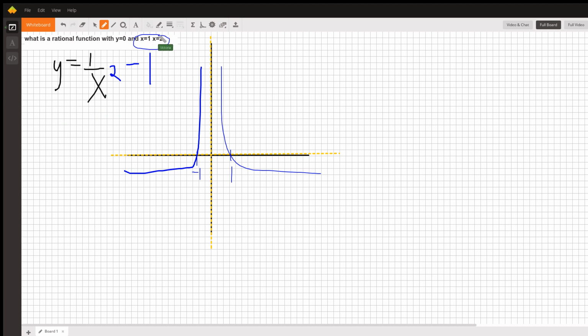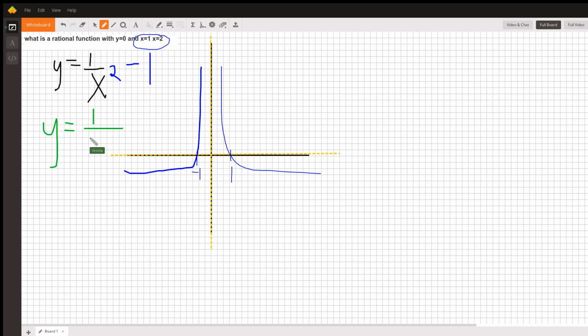So if you remember how transformations work, I can shift that whole thing to the right, and I really want it to move 1.5, because this asymptote has to straddle 1 and 2.